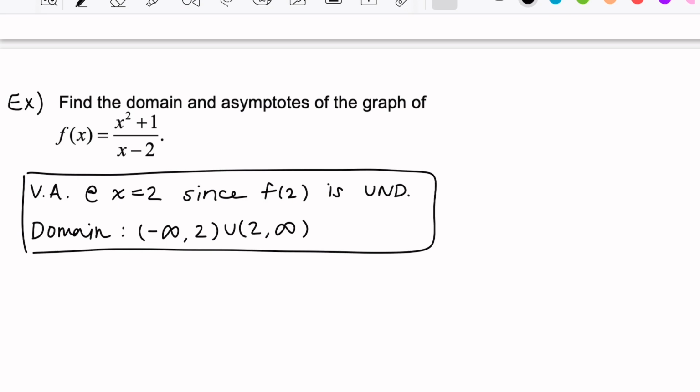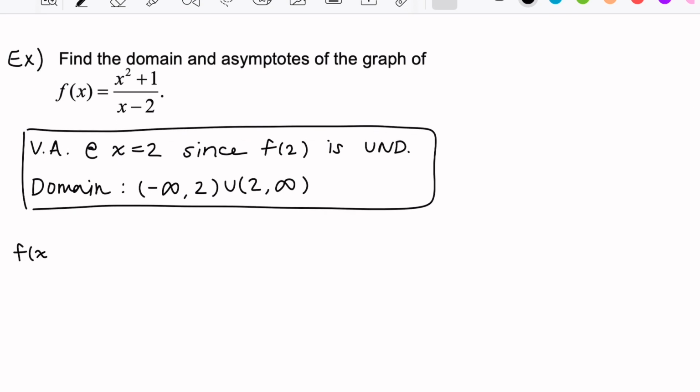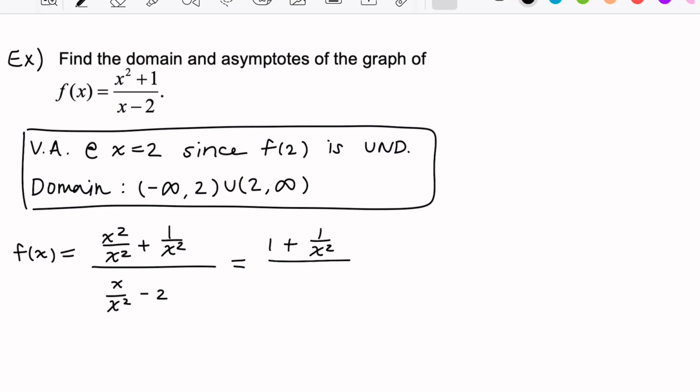All right, now we want to find our horizontal asymptotes. So we're going to divide each term in our function by the variable of highest degree. So we're going to divide every term by x squared here. Doing so, we'll get 1 plus 1 over x squared on the top, and then 1 over x minus, oh, this should be over x squared here, minus 2 over x squared on the bottom.